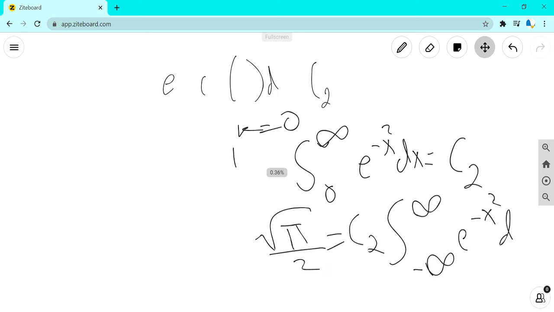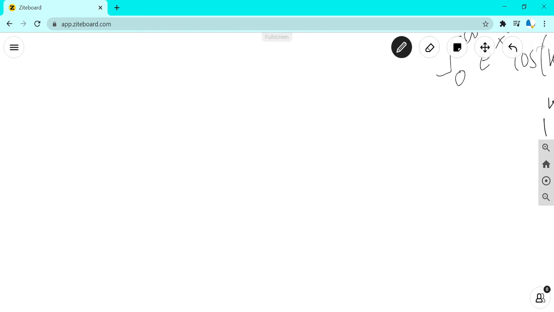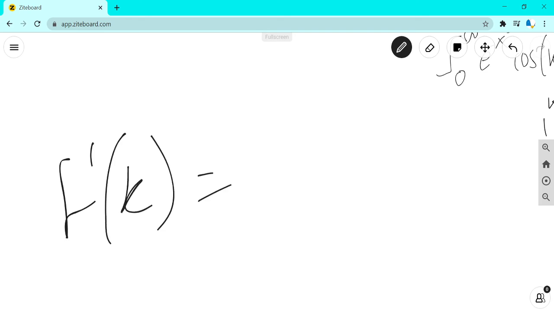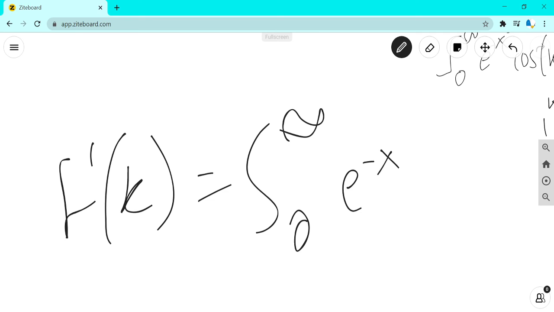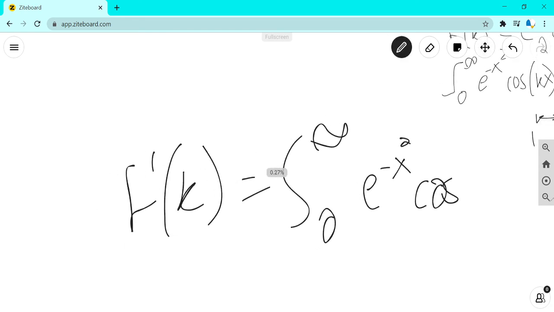Now we can use our original function, and this will complete it. We have f of k is equal to the integral from 0 to infinity of e to the negative x squared cos of kx dx.